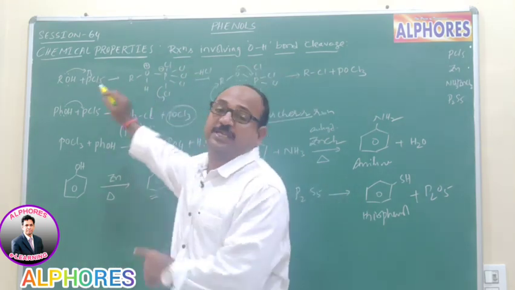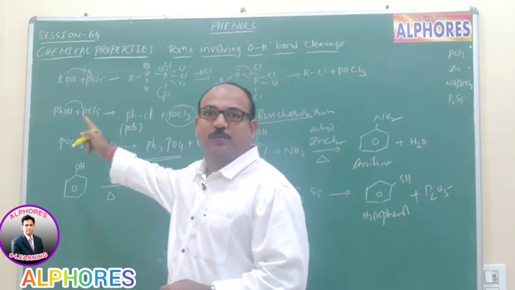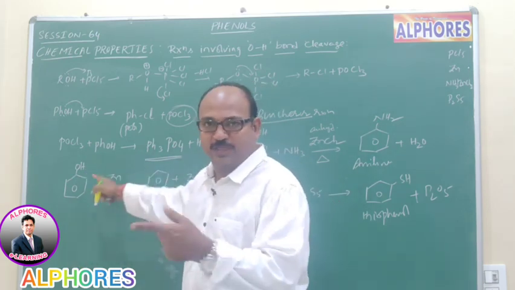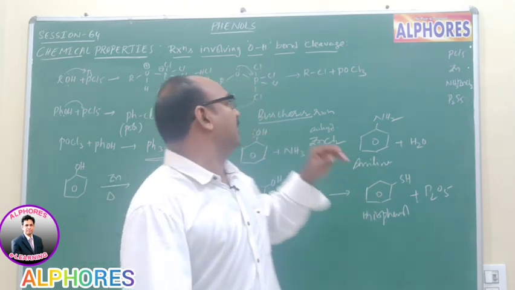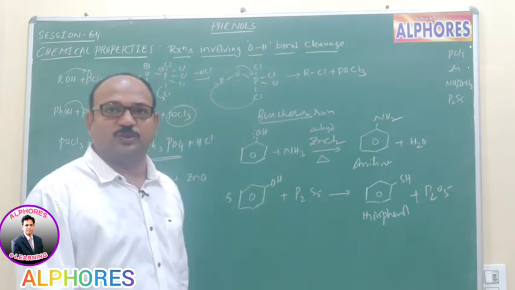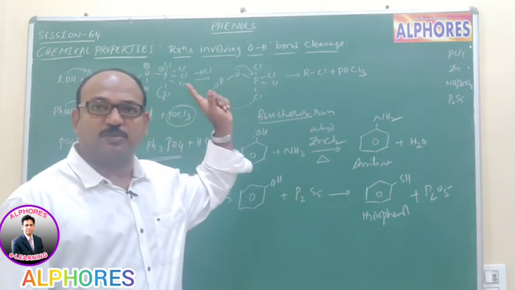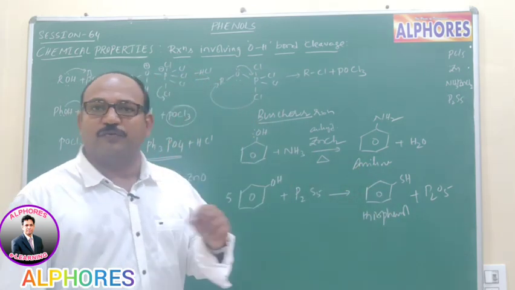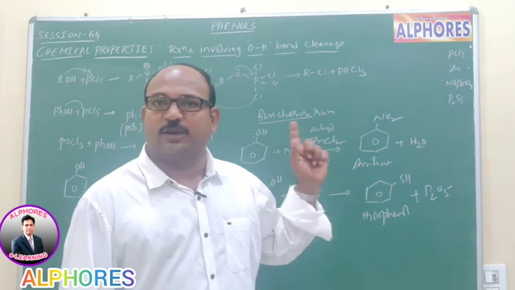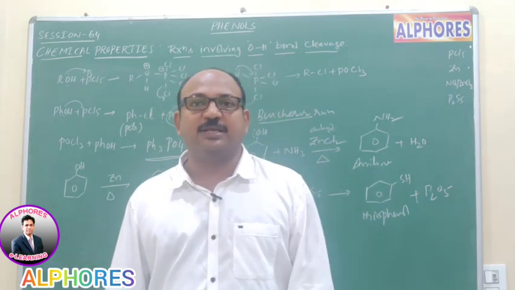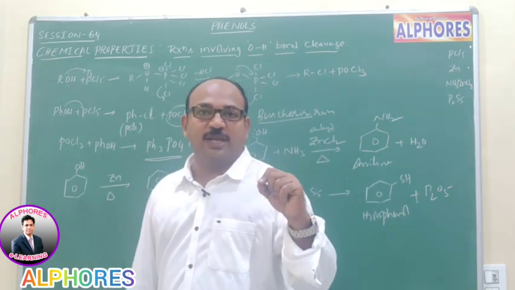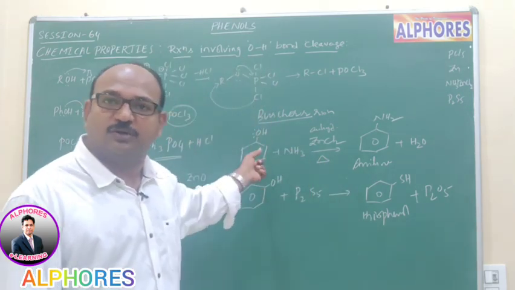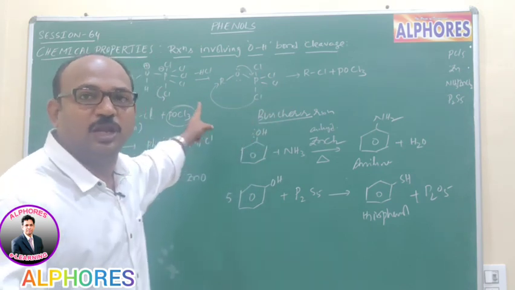In the first case, with PCl5, the OH group is displaced by Cl, and in the second case OH is displaced by H. In the third case OH is displaced by NH2, and in the fourth case OH is displaced by SH. In all these reactions the OH group is displaced, but don't forget that for all these reactions we are using a Lewis acid catalyst, and whenever we use a Lewis acid catalyst, it can convert the poor leaving group OH into a good leaving group.